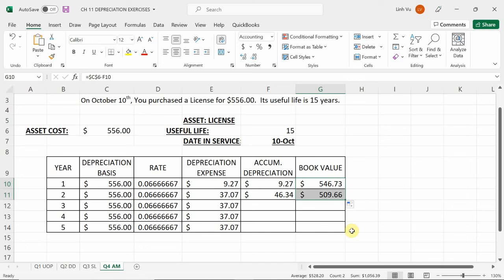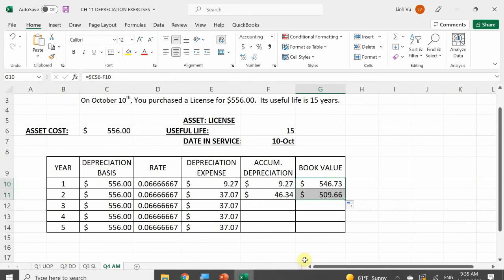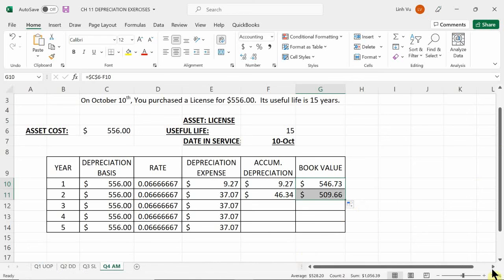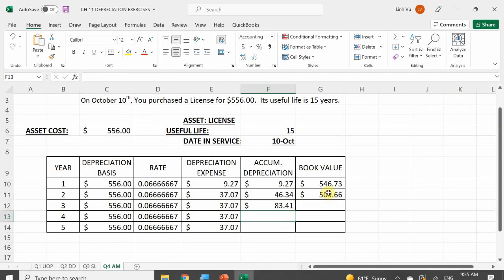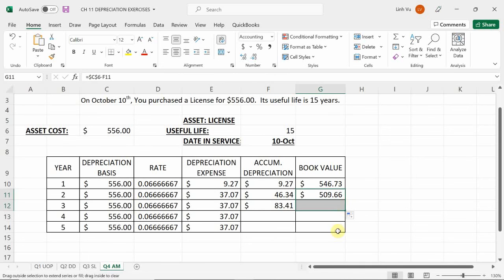Right? You're going to get 46.34, which brings my book value to 509.66. Okay? So then, what is going to be my depreciation expense for year 3? 37.07, plus my 46.34, which is 83.41. Yes. Okay. Which then makes my book value down to 472.59.